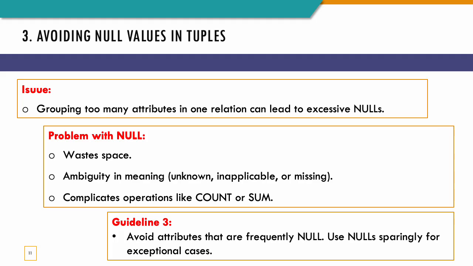When you perform operations like count or sum, the null values can mess up the result. For example, if you try to sum a column of prices and some values are null, the calculation might fail or return incorrect results unless you specifically handle the null values.